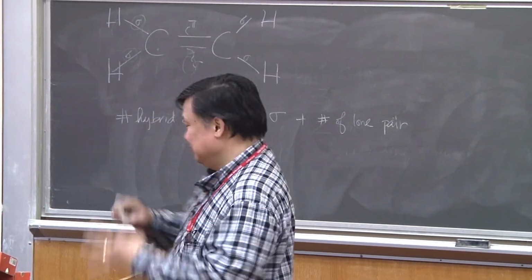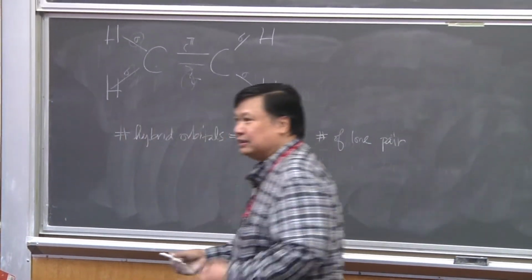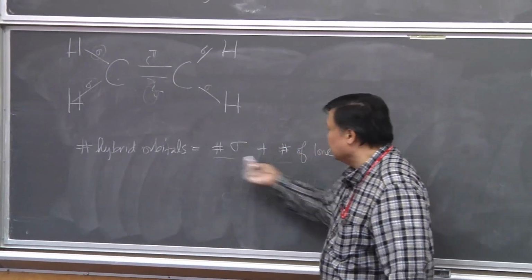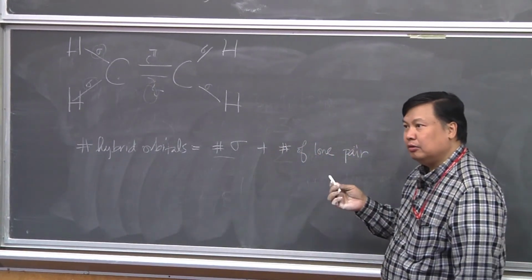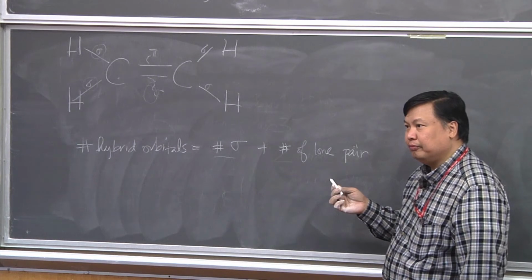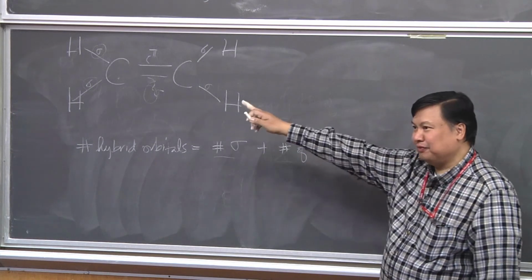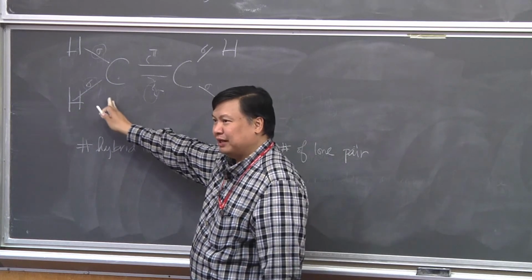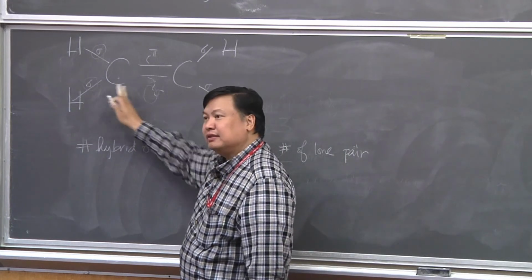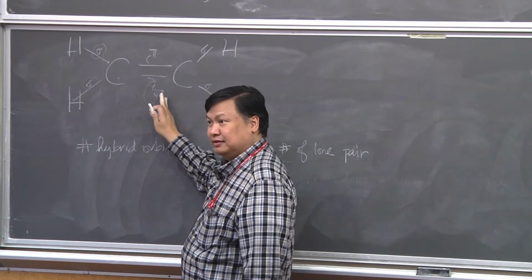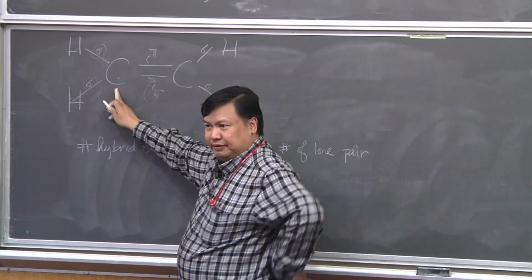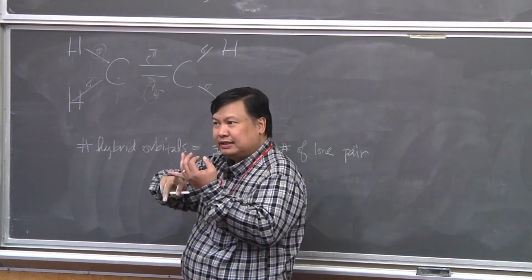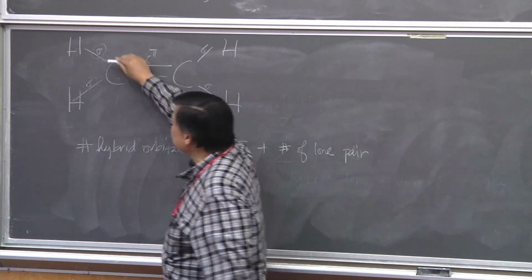You follow? So just look at the sigma. It's usually by atom. So this one will have its own hybridization, and this one will have its own hybridization. In fact, this one will have sp2 because it has 1, 2, 3 sigma.